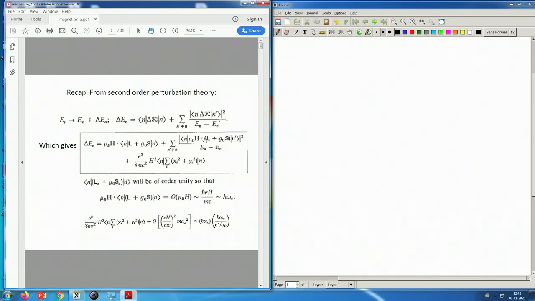This also has L and S. That means a magnetic ion, an ion which has non-zero L and S, that means it has a moment, contributes these 2 terms.